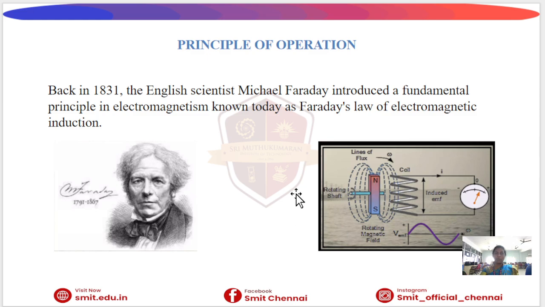This means if we rotate a coil inside a magnetic field, electricity will be generated. The condition is that if the circuit is closed, the induced EMF will produce current. This principle is similar to how electricity is generated in a hydroelectric power plant.